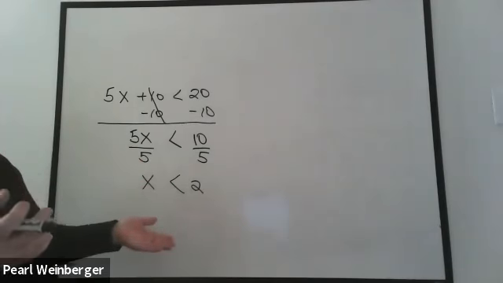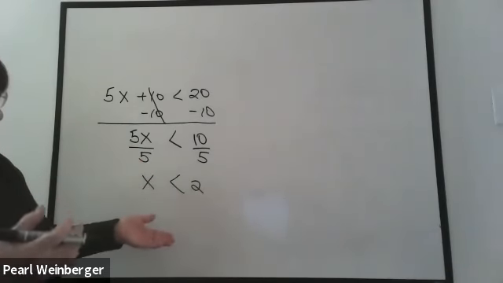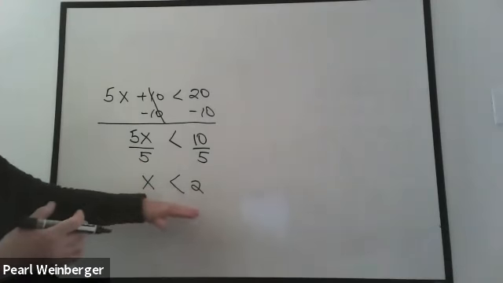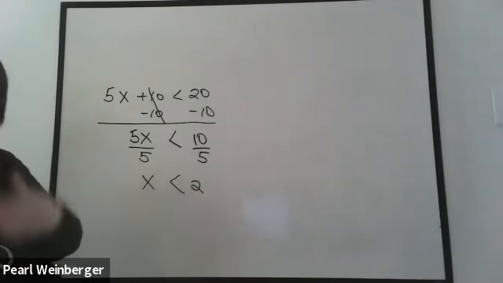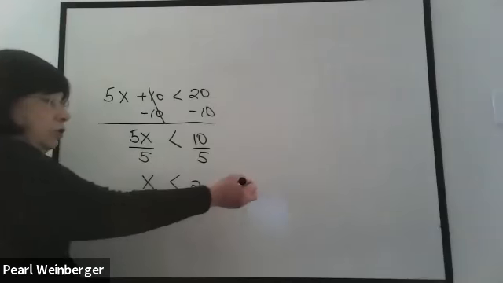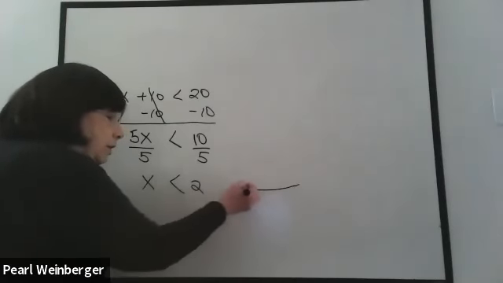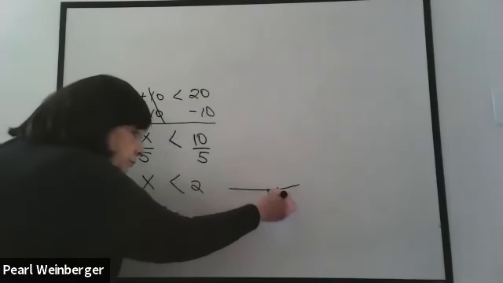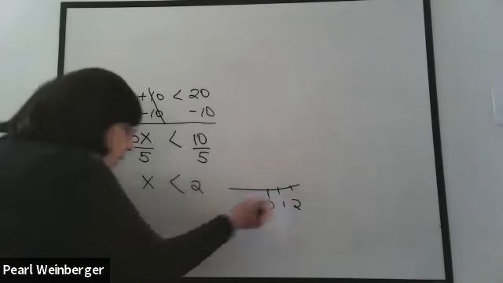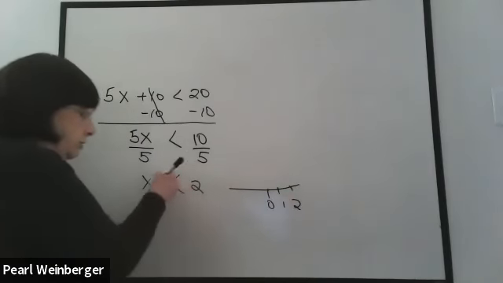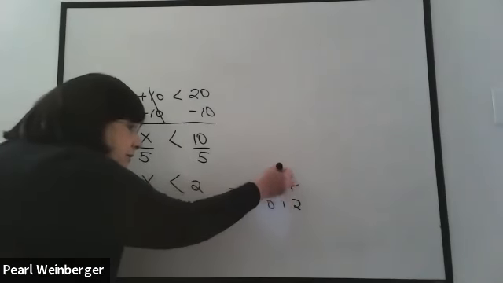Of course, now we can put it on a number line like we did before, because now it's a simple x greater than or less than, and we can put it in interval notation. Here's my number line. It's an open circle because it's just a plain less than sign.